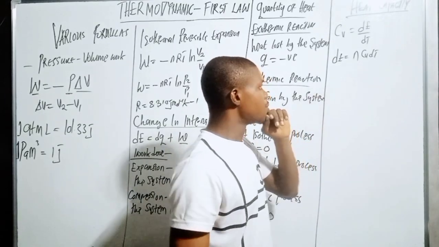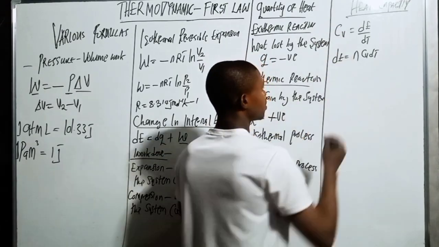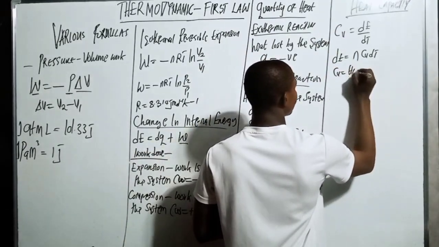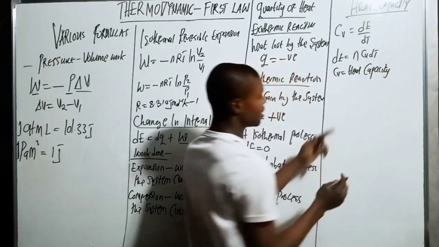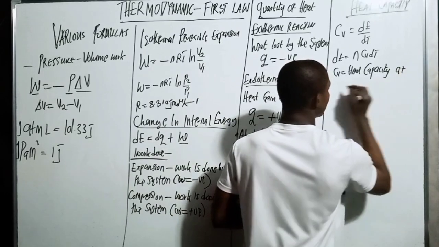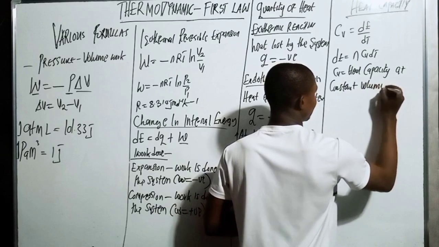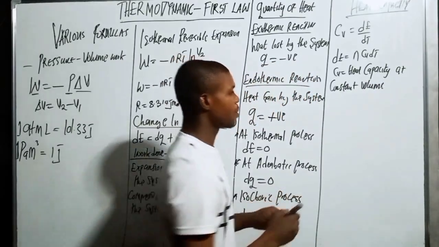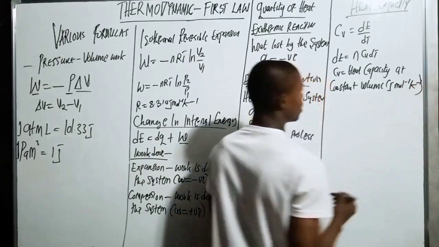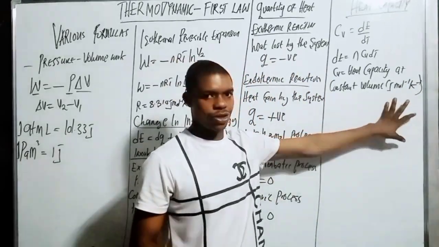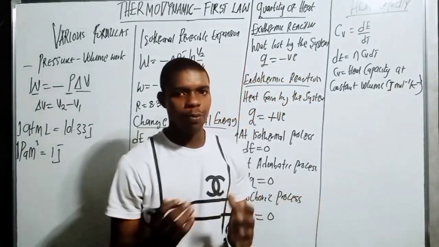So this is called heat capacity at constant volume, CV, and its unit is joules per mole per Kelvin. Joules per mole per Kelvin.